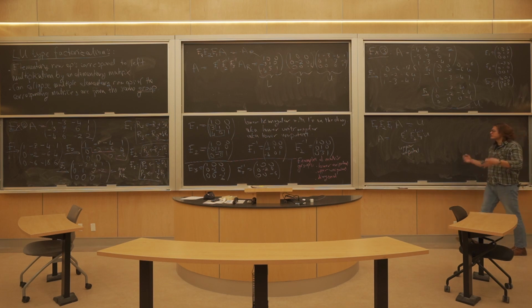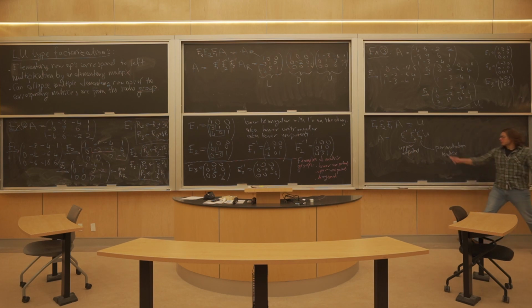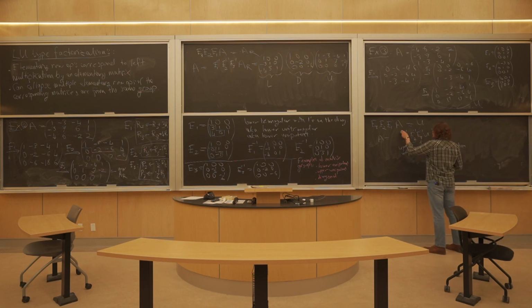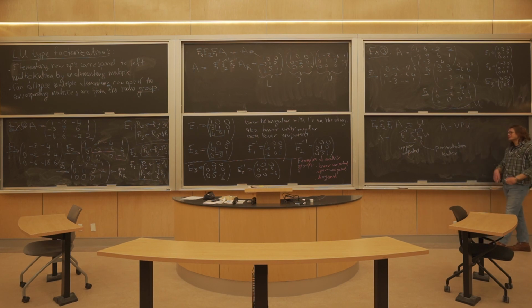Okay, so it's a swapping matrix. So calling these two, if you want, V, and this P, now you have something called a VPU decomposition or factorization. It turns out that this is not very popular.